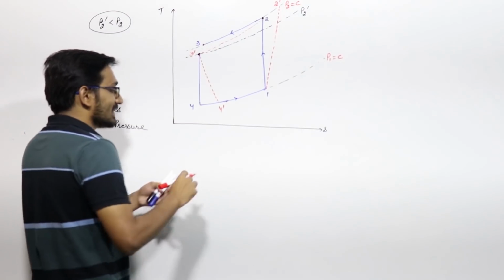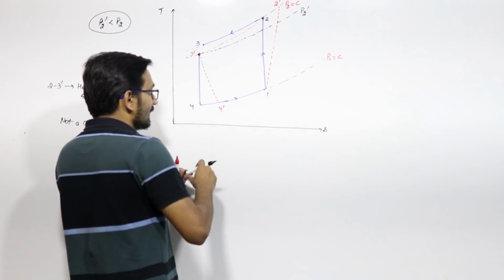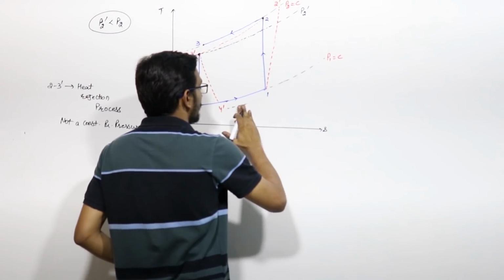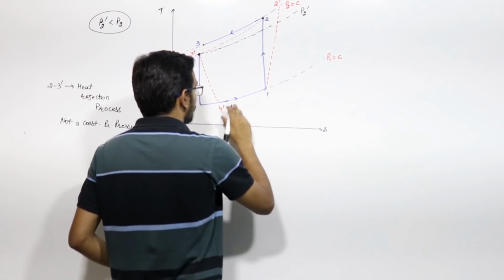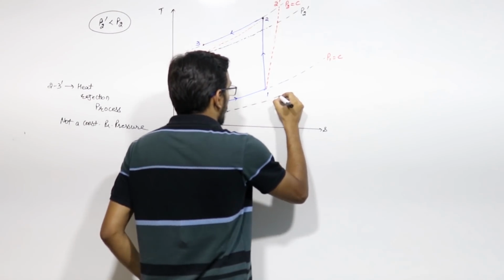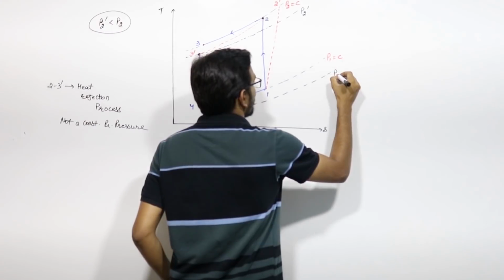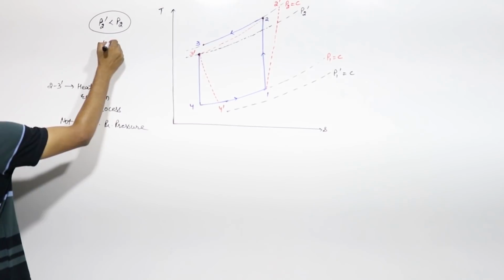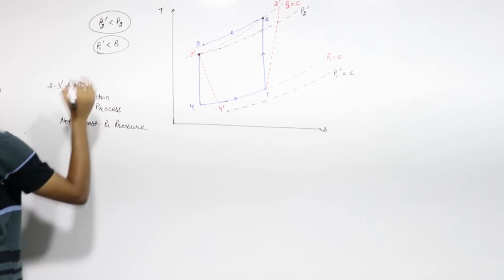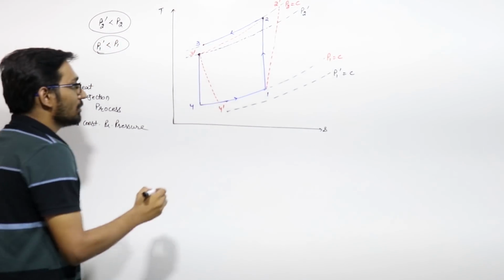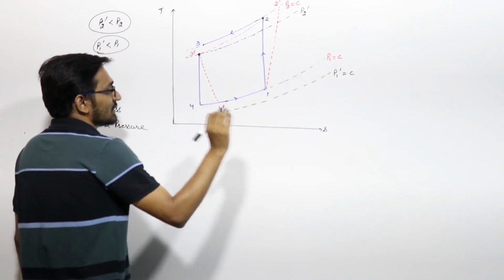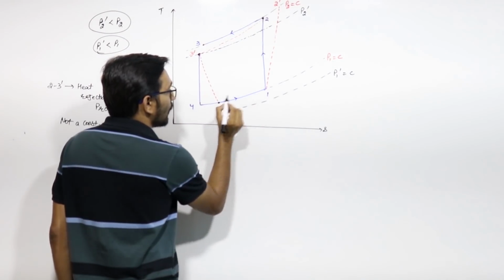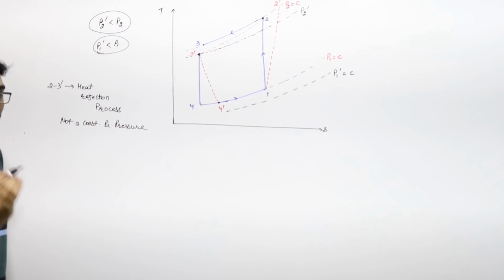So let us say this pressure line is P1 dash is equal to constant, and we can say P1 dash is less than P1. Now the pressure is reduced. Just pay attention guys, from point 4 dash, now we have to go to point 1, that is constant pressure heat addition.